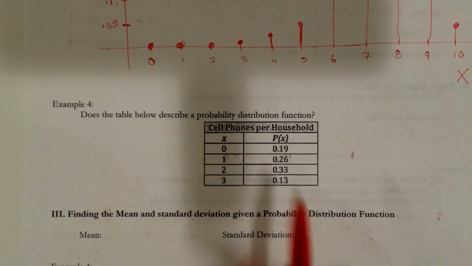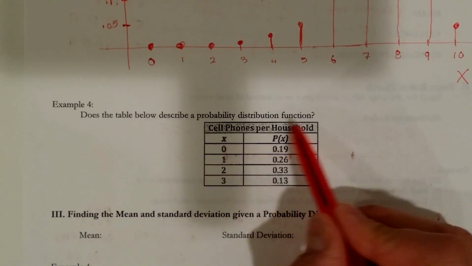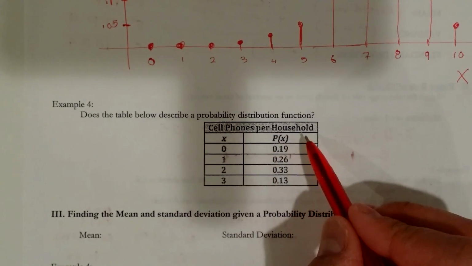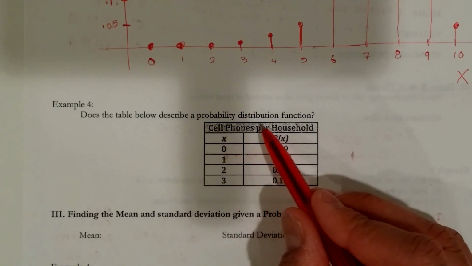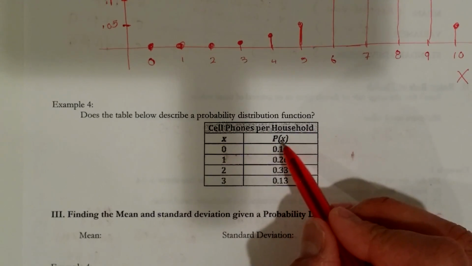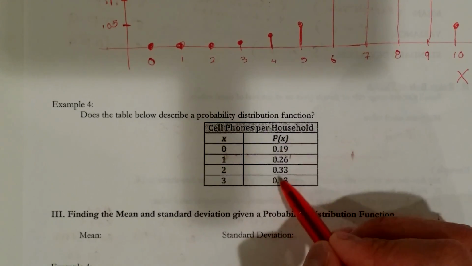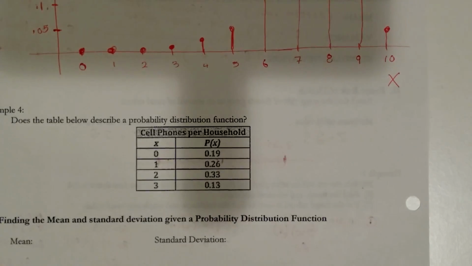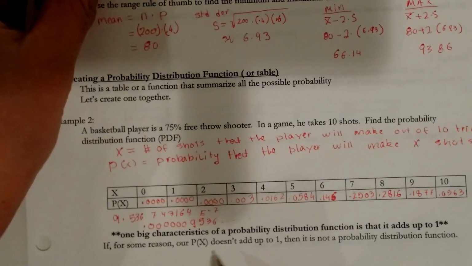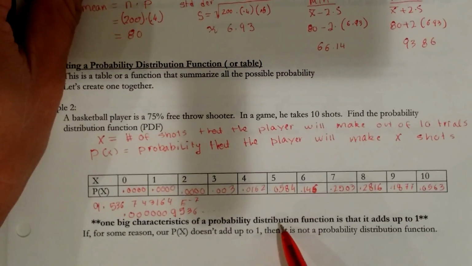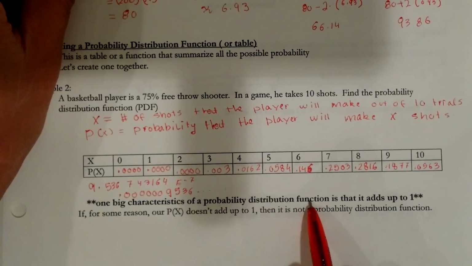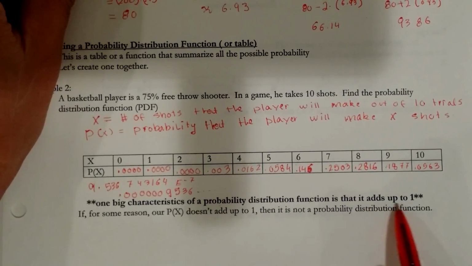Does the table here describe a probability distribution function? To answer whether this table represents a probability distribution function, we have to make sure that it satisfies the criteria. If you remember on the previous page, in order for a table to be a probability distribution function, the probabilities in that table have to add up to 1.